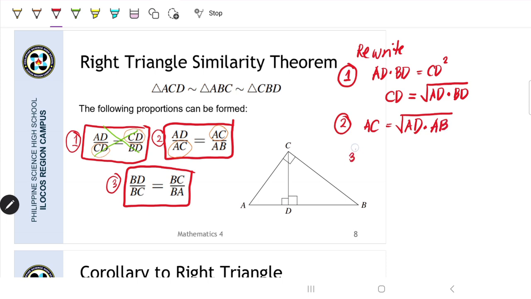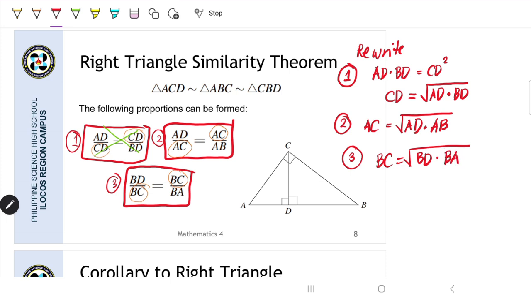And lastly, for proportion 3, we have BC on both sides. By cross multiplication, we can solve that BC is equal to the square root of the product of BD times BA.